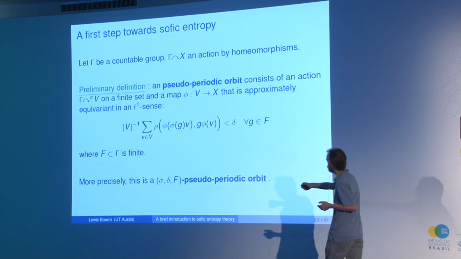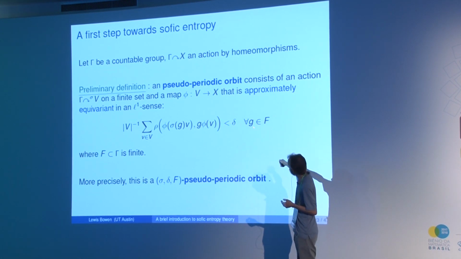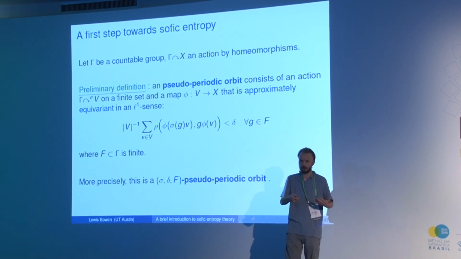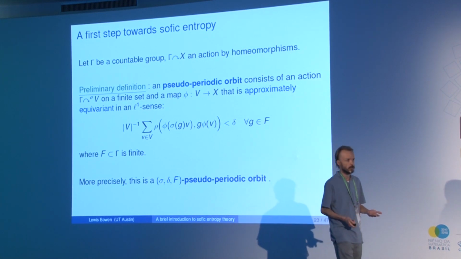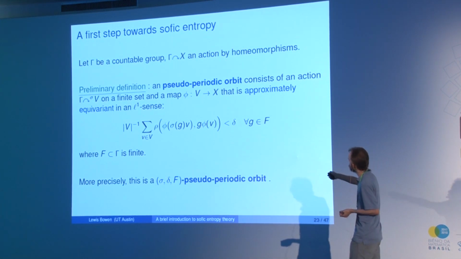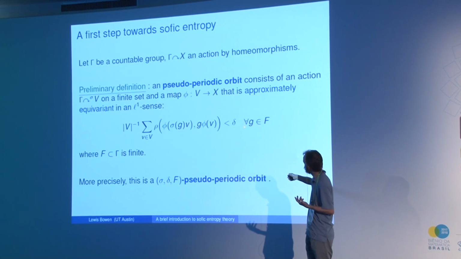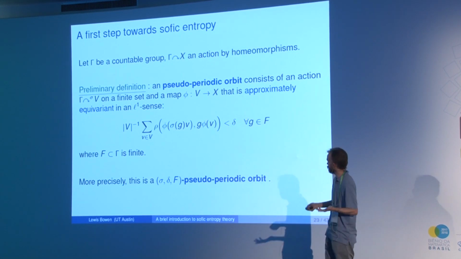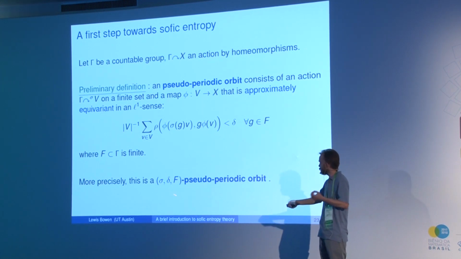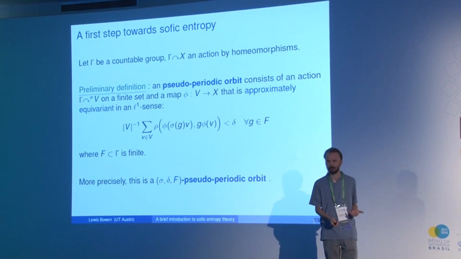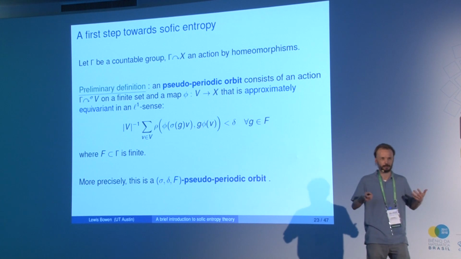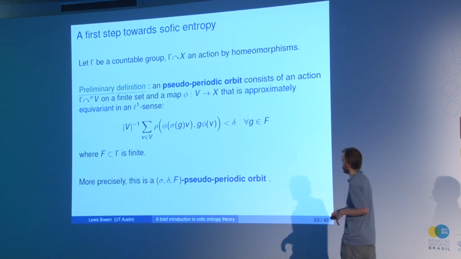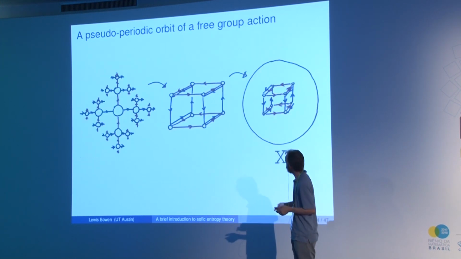In this sense, we have to choose some finite subset of the group in order to make this meaningful. So approximate equivariance depends on a choice of delta, error tolerance, and a finite set F. Okay. So we call that a sigma delta F pseudo-periodic orbit. We need more and more parameters to say what we're talking about, but okay, that's how it goes.